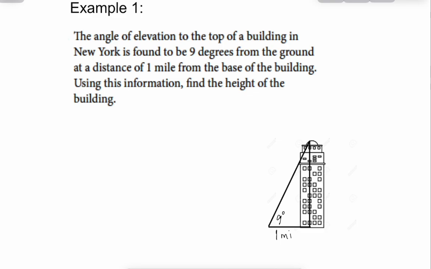Using this information, find the height of the building. So we're going to put a little x right here. Now, most of the time, you don't measure a building in miles. So when that's the case, let's make that 5,280 feet.